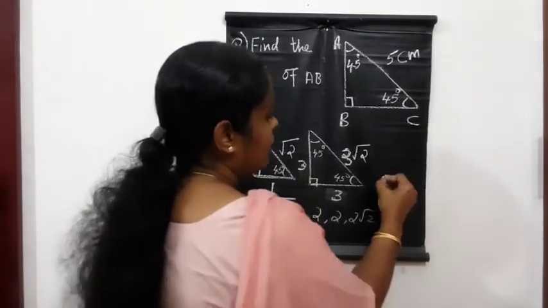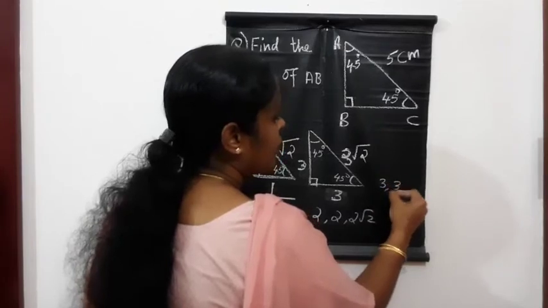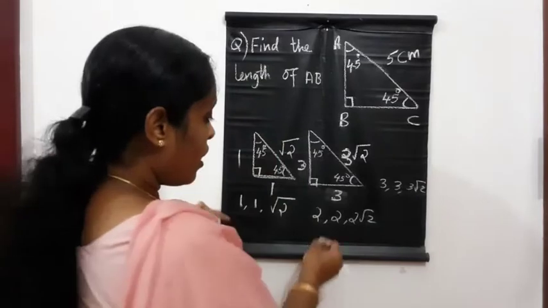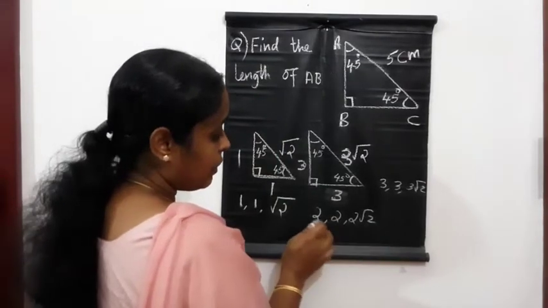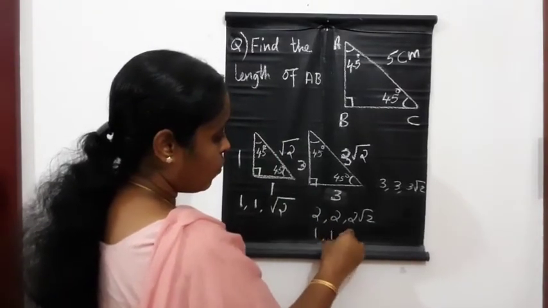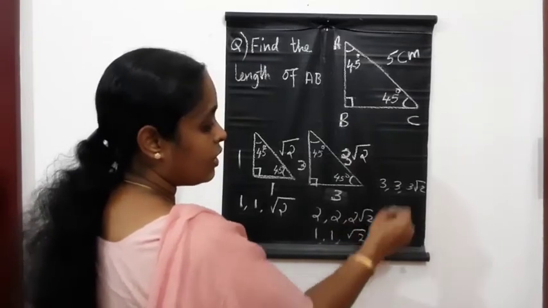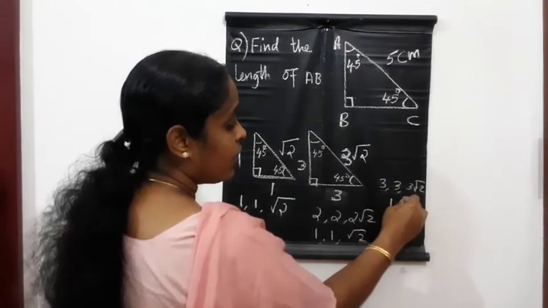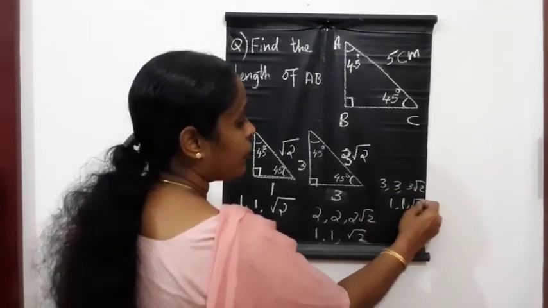And here, if the sides are 3, 3, then this hypotenuse is 3√2. So if we divide this by 2, we get 1, 1, √2. Here it is also 1, 1. If we divide this by 3, we get 1, 1, √2.